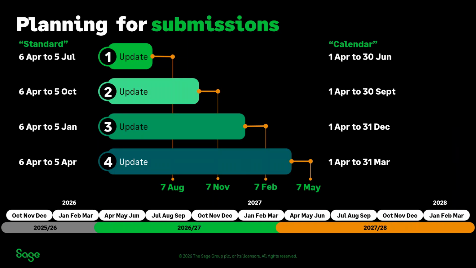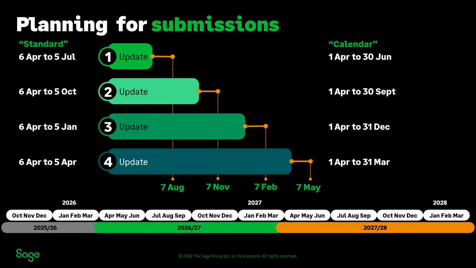So it's always a month and 2 days after the quarter has ended. It's the same for the calendar update periods as well. So it'll be 1 month and 2 days. As you can see, those are the dates you can expect to be submitting your quarterly updates.